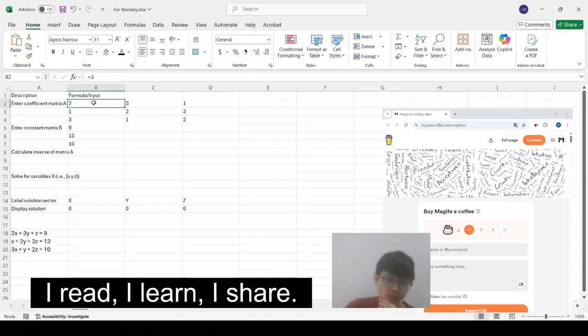Yeah, this is the equation. The respective values are 2, 3, 1, and so on. Then the constant matrix, so this is the constant: 9, 13, 10. Now we calculate the inverse matrix first.